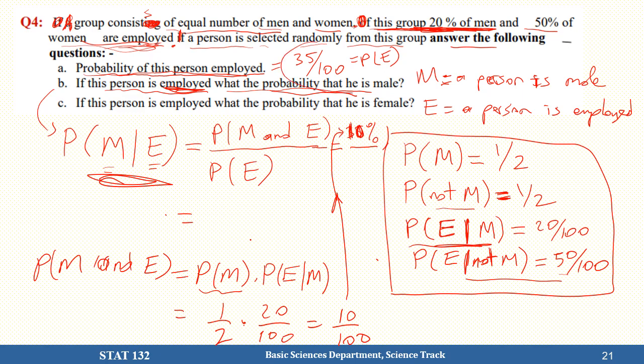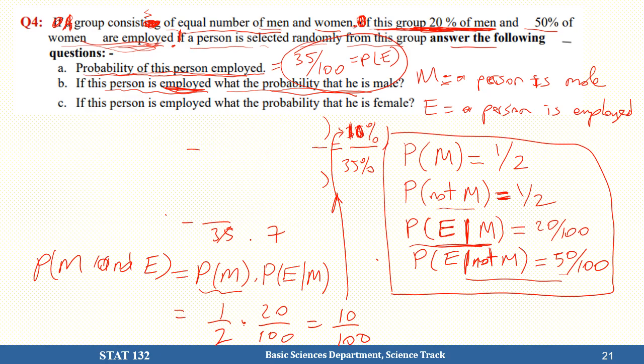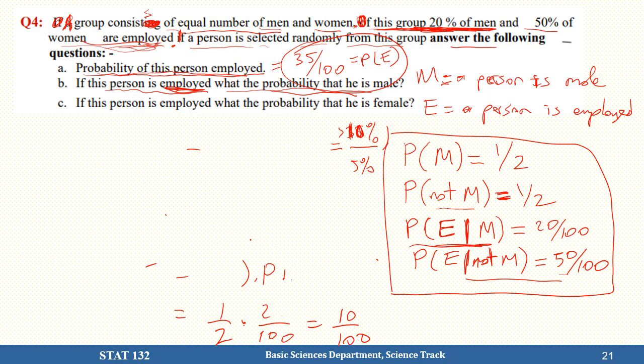And the probability of E, it's coming from here, so it will be 35%. So this will be just 10 over 35, and it will be 2 over 7. Now let's try to do the last one. If this person is employed, what's the probability that he is a female? Okay, we don't say he, but we say this person is a female.